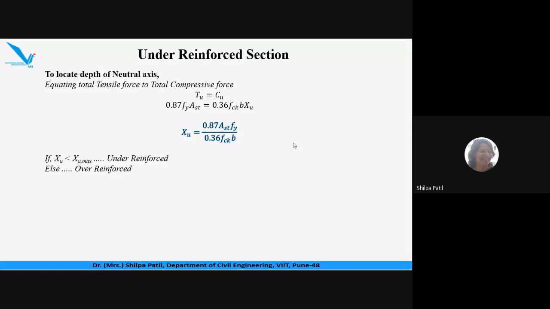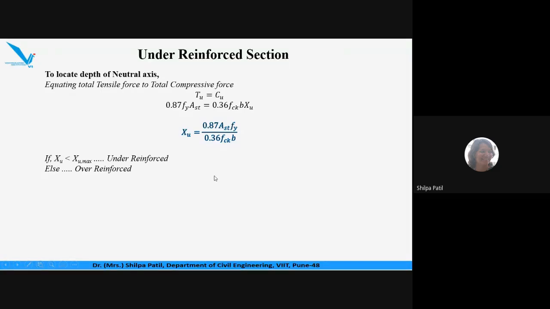We already know the relation between xu max and ku max, that xu max is equal to ku max into d. So by using that formula, we can find out ku max, then xu max, and then calculate xu and compare it with xu max. If the value is less than xu max, it is called an under reinforced beam. If not, then it is called an over reinforced beam.